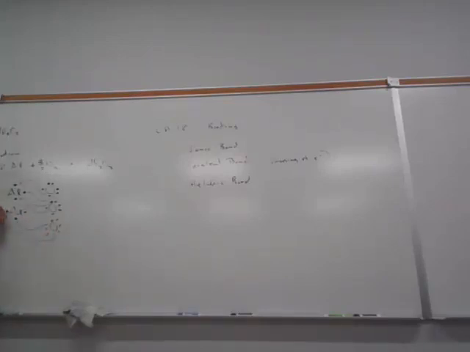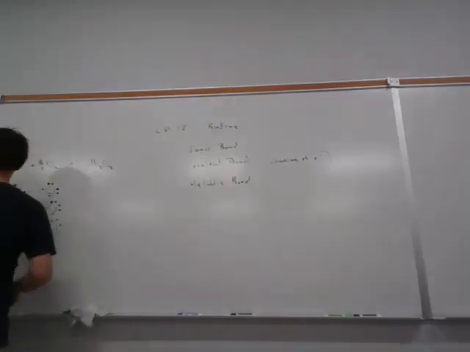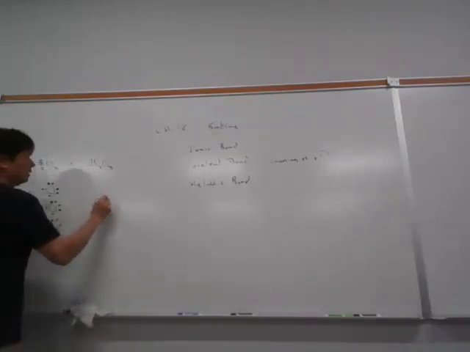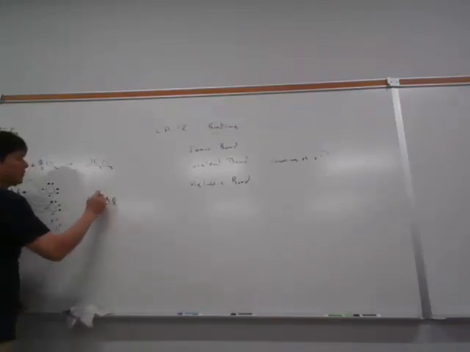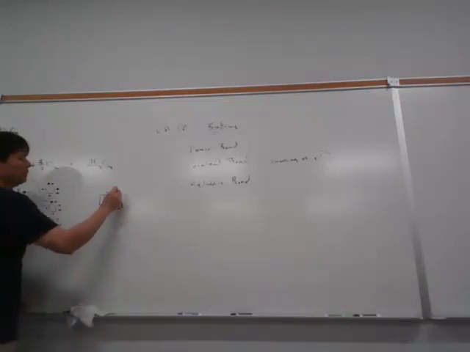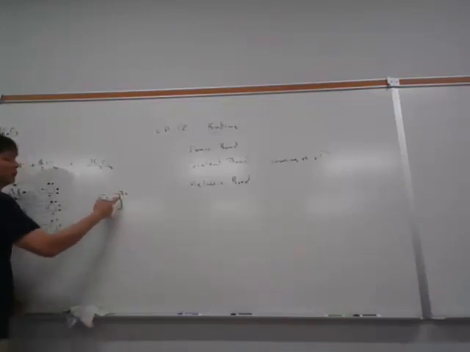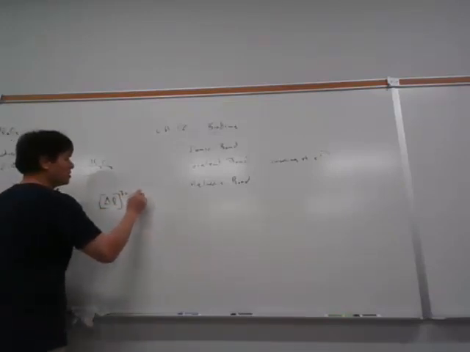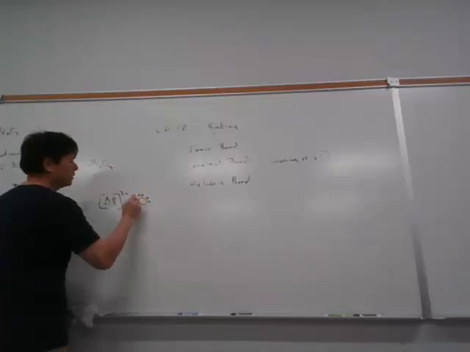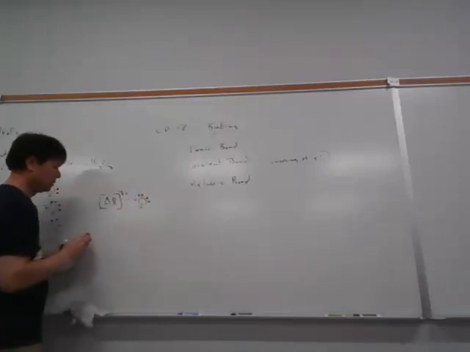So I'm going to label these electrons maybe like this. Aluminum is going to lose all its valence electrons. Well, that's okay, as we talked about earlier. When aluminum loses all, it's going to end up with a 3+ charge. And then oxygen is going to take those electrons.